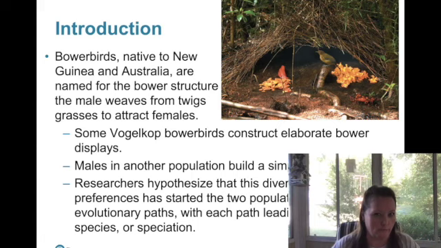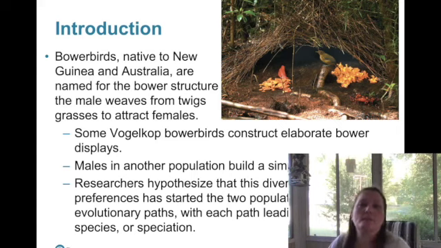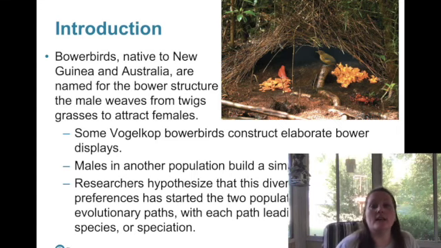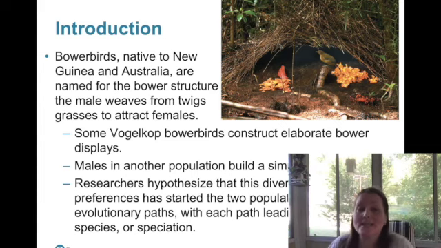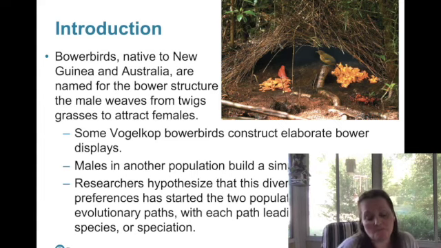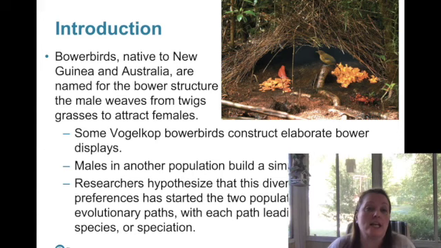So these birds, known as bowerbirds, it's the picture in there. These birds are named for the structure they make. Why does this matter? Well, because it's kind of showing a speciation kind of thing. So these guys, certain ones build certain ways, and how they build it is what attracts the mate.